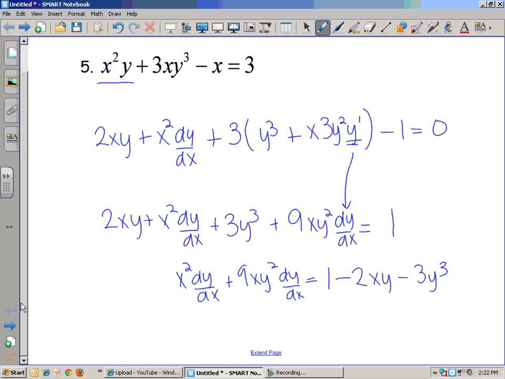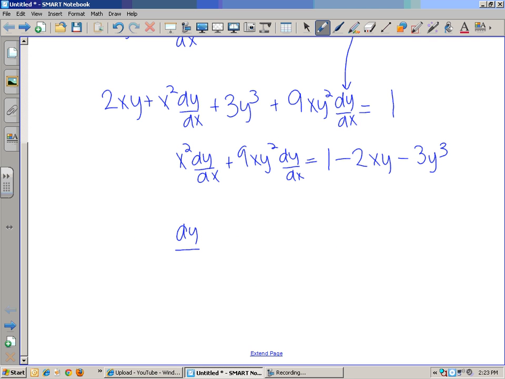Derivative of the second times the first. So that's correct. And then the derivative of the first times the second plus the derivative of the second times the first. Done. And then the derivative of x is 1. Derivative of 3 is 0. Moving the 1 over. Now moving the 2xy. Now moving the 3y. Now I want to factor out the dy dx.